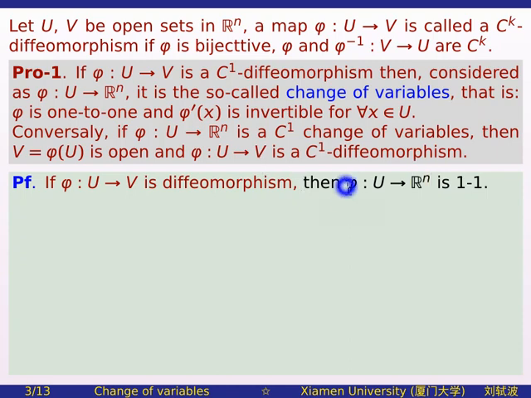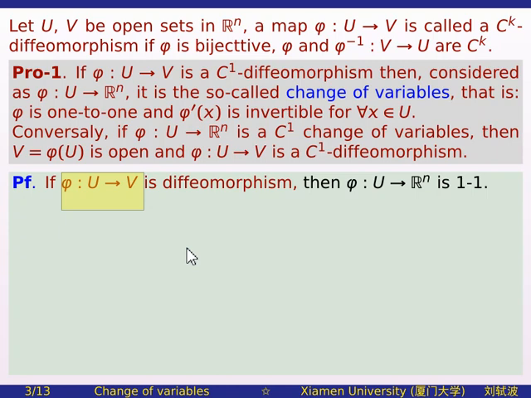So as a result, our phi from U to Rn is 1-to-1. We still need to prove that the derivative of phi at any x in U is invertible, so that phi, according to the definition, is a change of variables. So how to prove this?